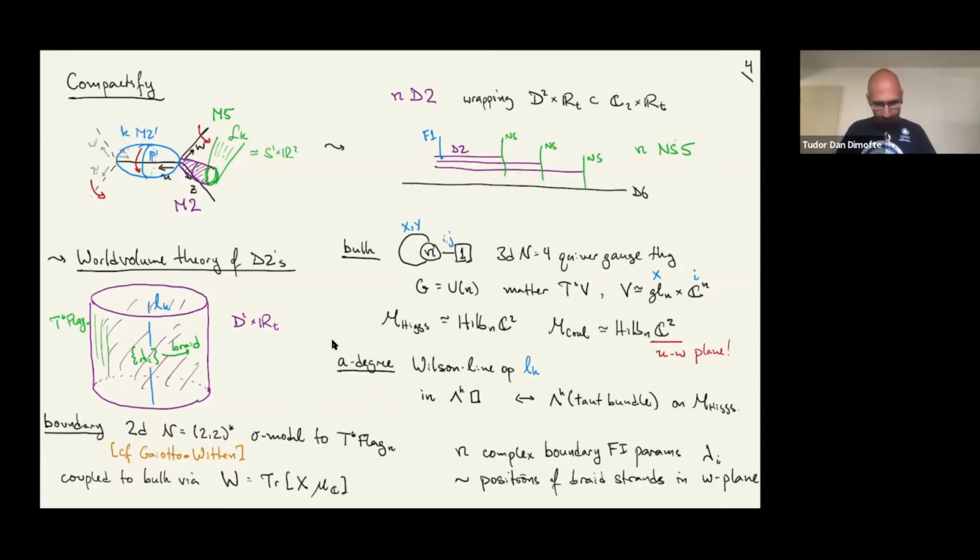So finally, there are the extra M2 branes on the P1, and they compactify to a fundamental string, and they give rise to a Wilson line operator.